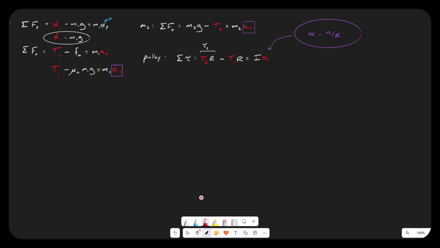Alright, I have three equations. T1 minus mu_k m1 g equals m1 a.